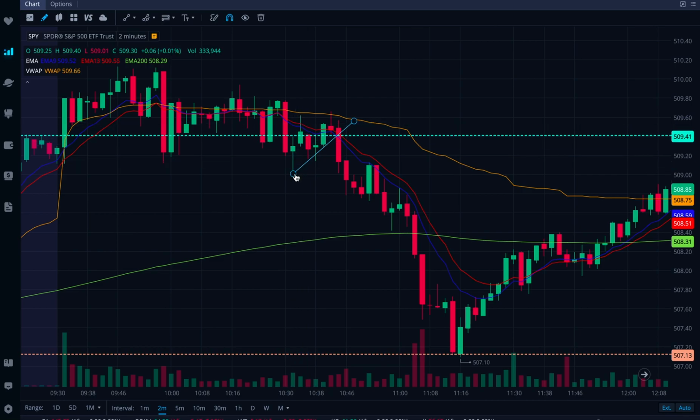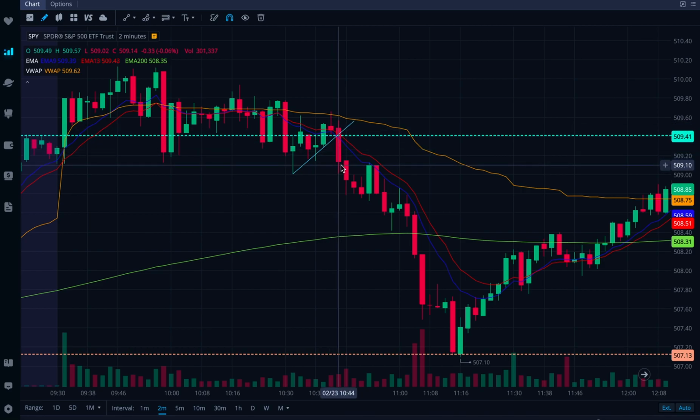But as you can see, we're creating wicks off this trend line while also not breaking VWAP right up here. So we're going to use VWAP not as a level, but as our resistance point here. We're staying right around the pre-market high level.